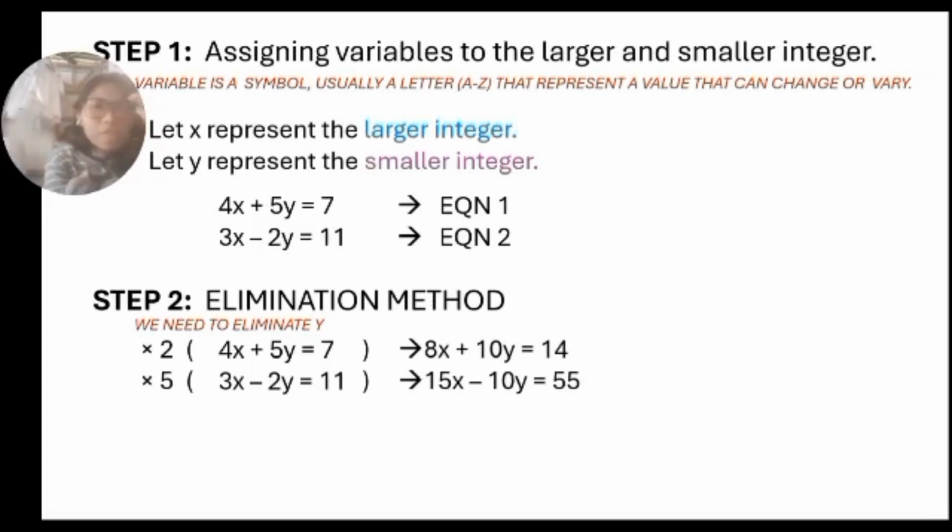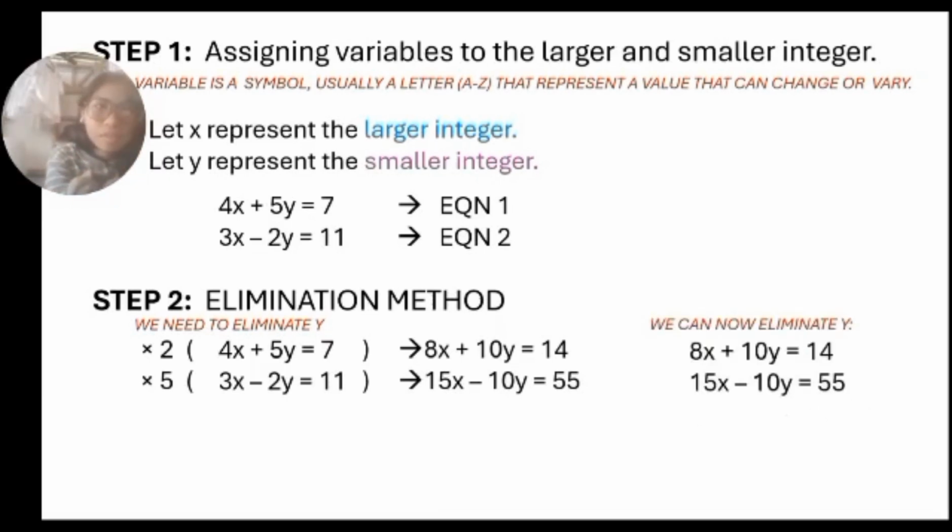Same na iyang coefficient. Then, ang gamiton nato na operation to eliminate y is positive. Right? Positive. So, 8 plus 15 is equals to 23. Then, 10y minus 10y is equal to 0, right? Then 14 plus 55 is equal to 69.